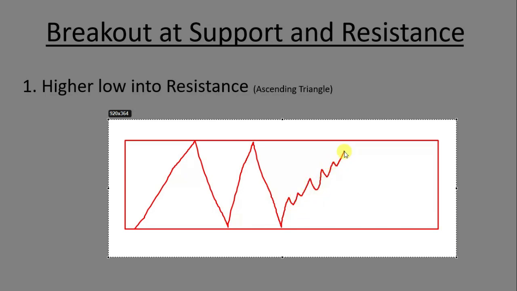But if you check this, this is something like an ascending triangle. It's making higher lows, and here there is actually no new high yet because of this level. So in this situation, most of the time the market will break this level.